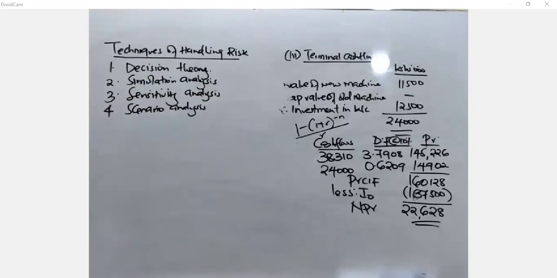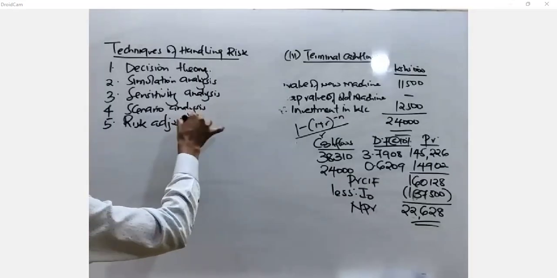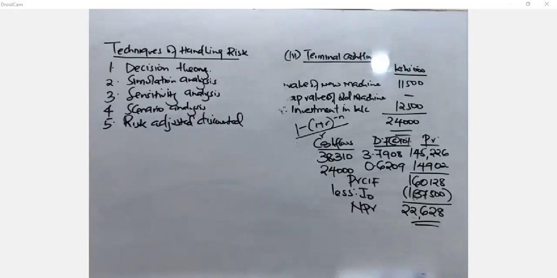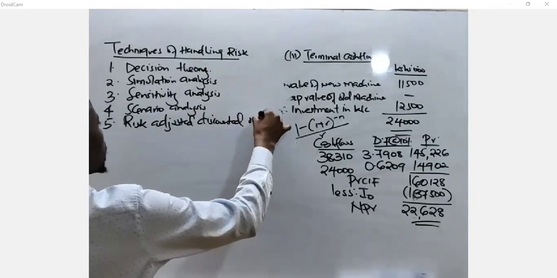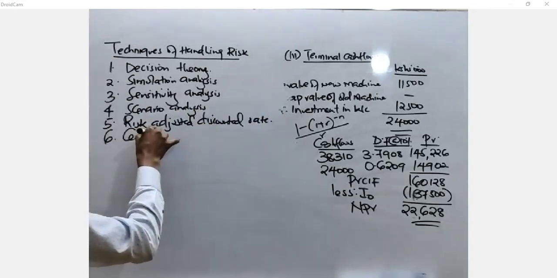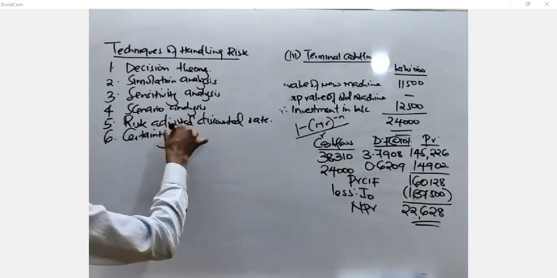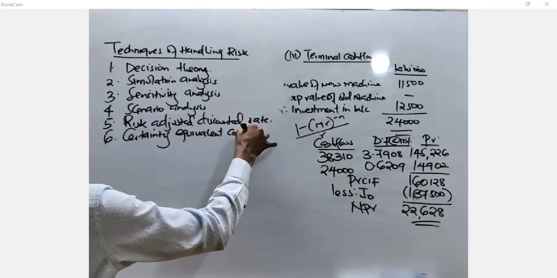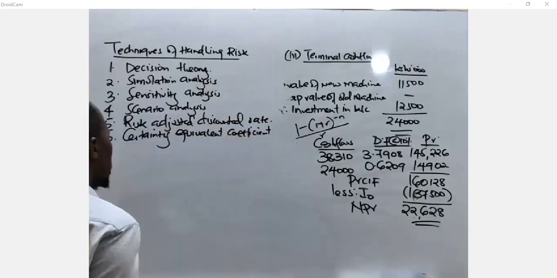Number five, the risk adjusted discounted rates. Number 6, certainty equivalent coefficient.